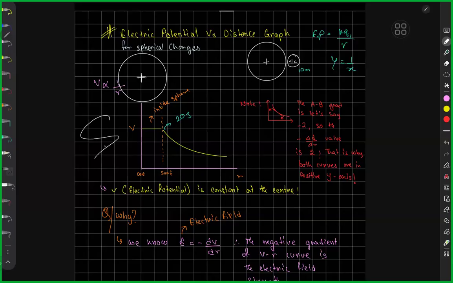I have drawn the right-hand side. How do you think the left-hand side looks for the potential curve? How would you draw it? Is it the same as this over here, or is it going to be opposite, as in on the negative axis?